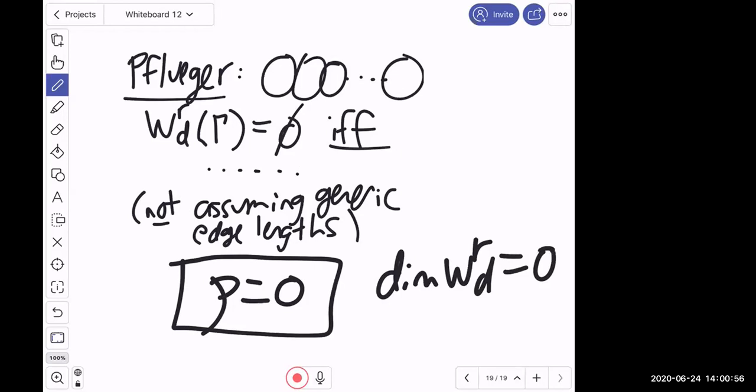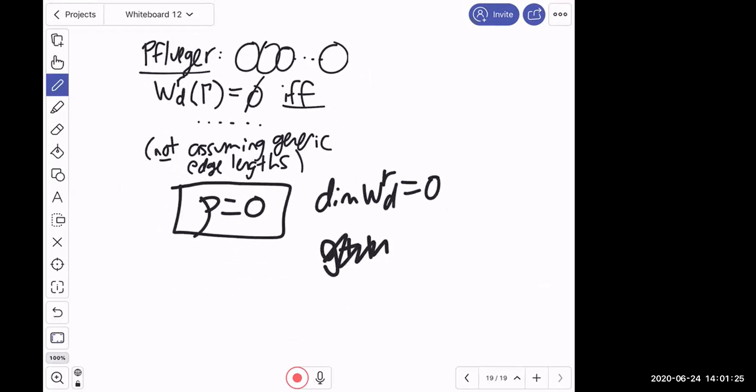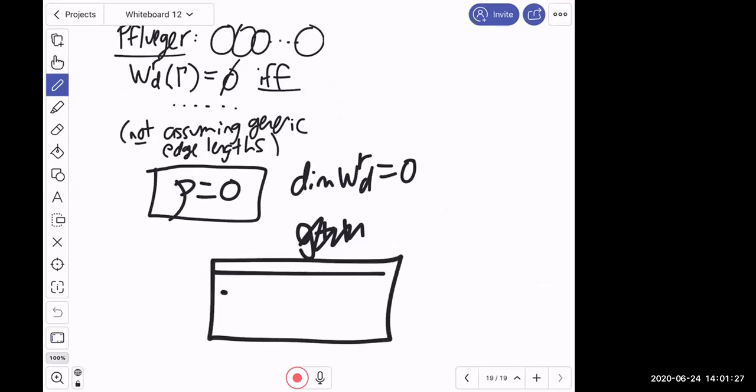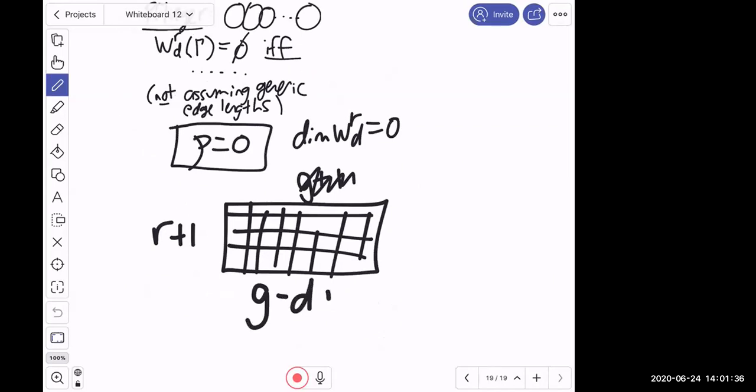So one can count the number of points, and in that case, yes, it's known that the number of points on a generic curve of genus g is equal to the number of points in the tropical version on a generic chain of loops, and they're both equal to the number of standard Young tableaux on a tableau of a rectangular shape, where this dimension is r+1, and the other dimension is g minus d plus r.